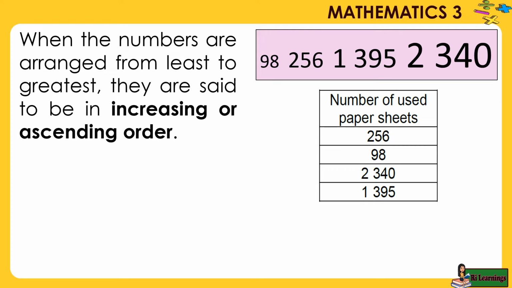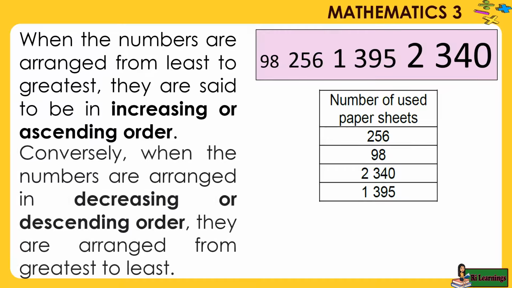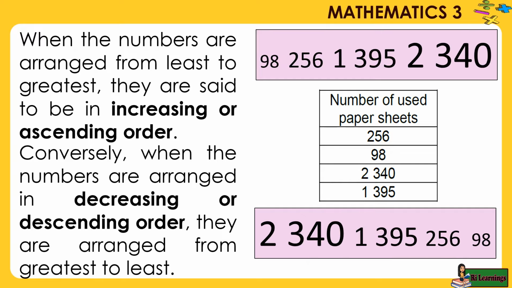When the numbers are arranged from least to greatest, they are said to be in increasing or ascending order. Conversely, when the numbers are arranged in decreasing or descending order, they are arranged from greatest to least.